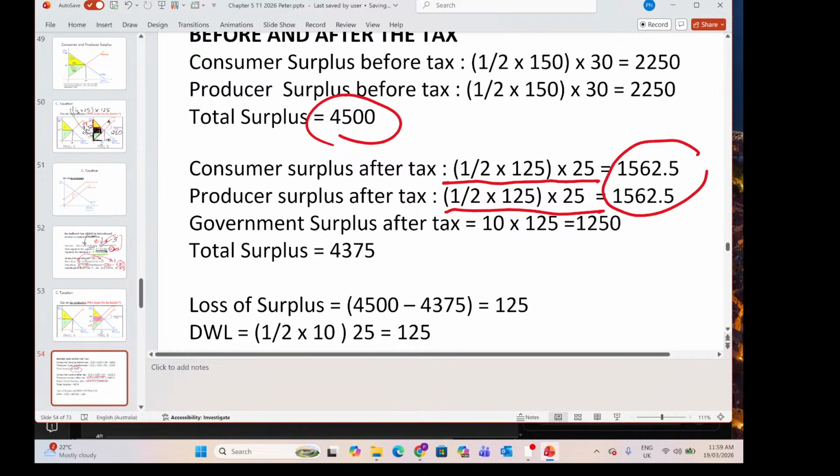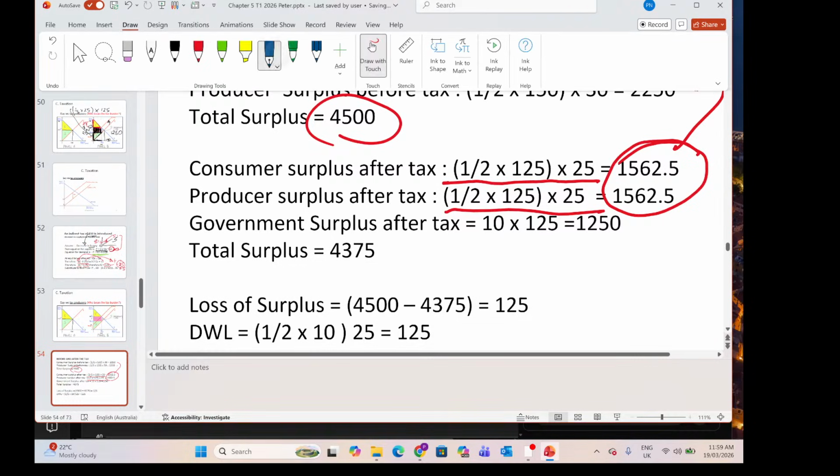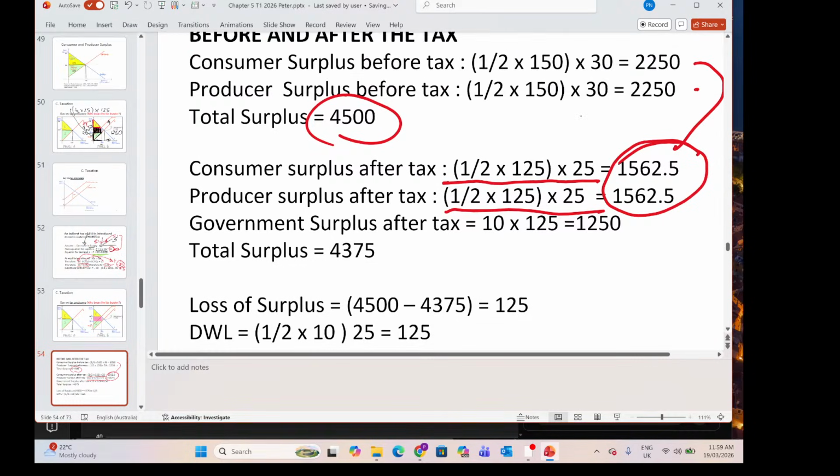Here are our answers. So you can see that the consumer surplus has fallen, the producer surplus has fallen. But of course, the government is a winner. The government has gained $12.50.